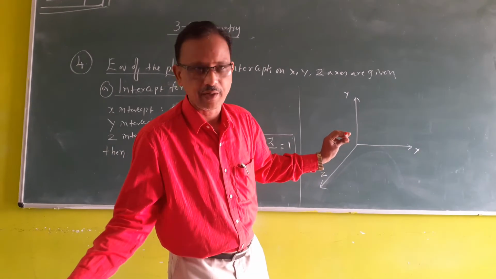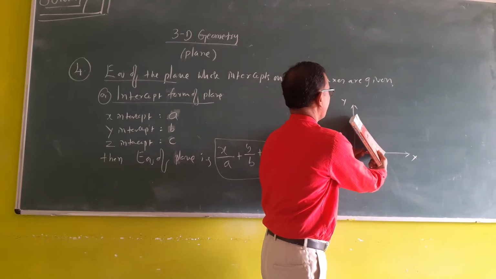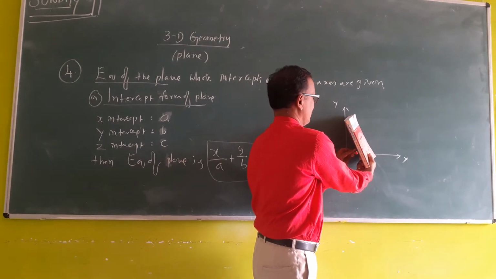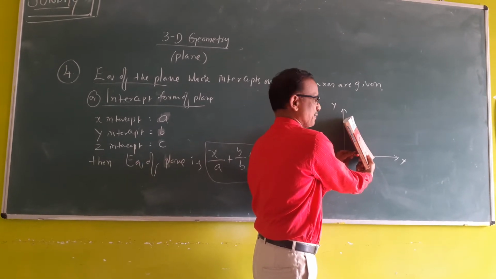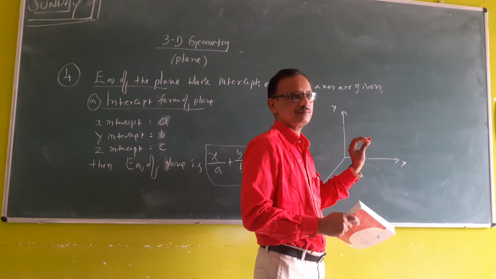Suppose a plane is like this, intersecting the z-axis. The z-intercept is small c, so this length is c.